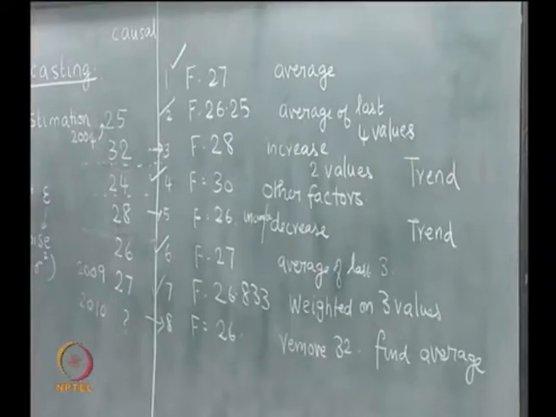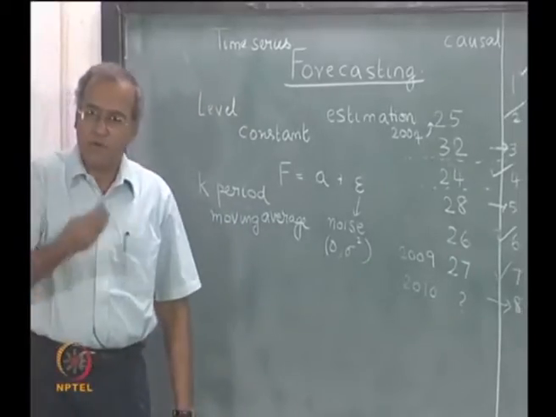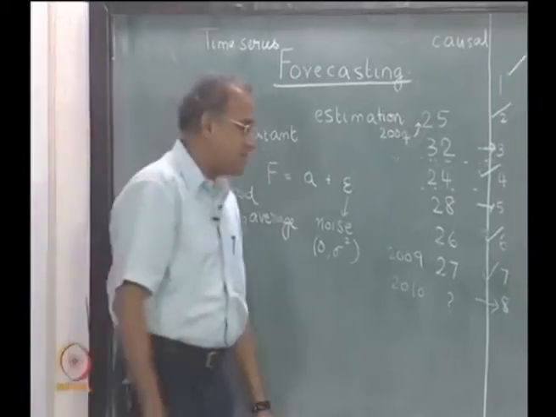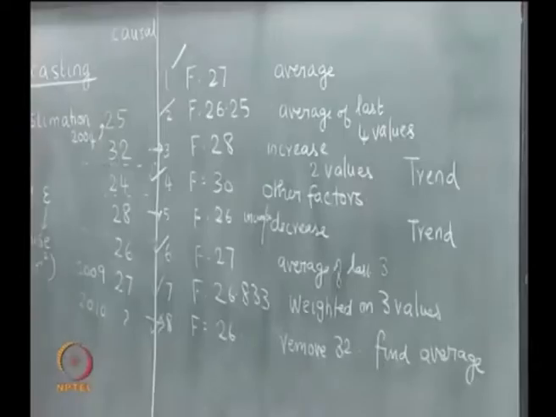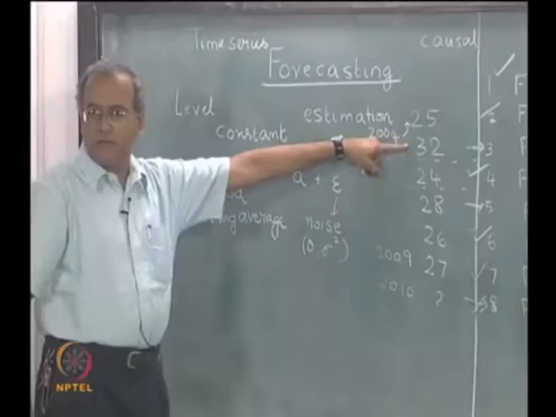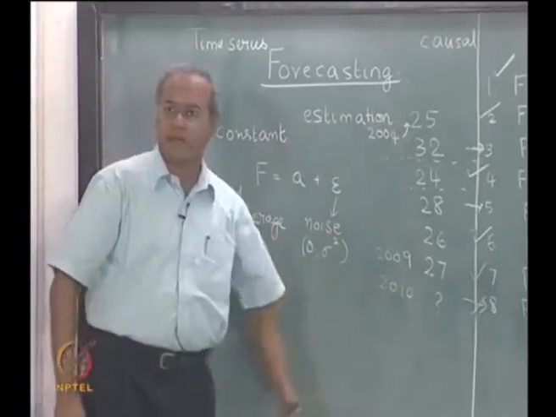So, there are trend models which we will see a little later, after we address this particular model called the models for data that exhibit constant. The last point that requires a certain explanation is this. Now, this person said, if I look at these, I find that this is an outlier. So, I am removing this and then I am trying to take the average.